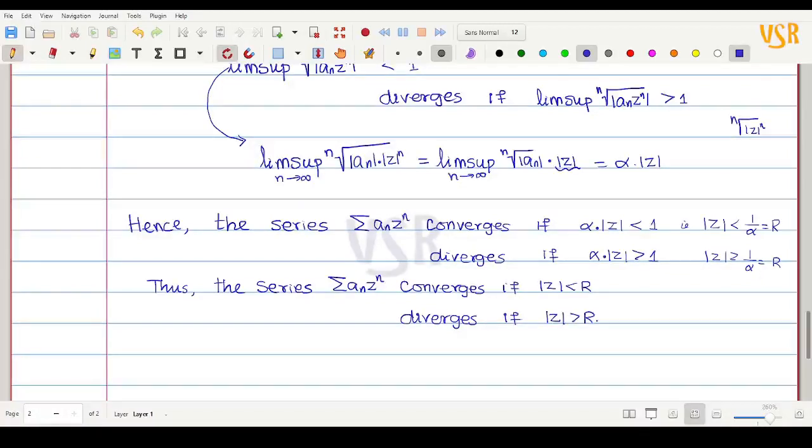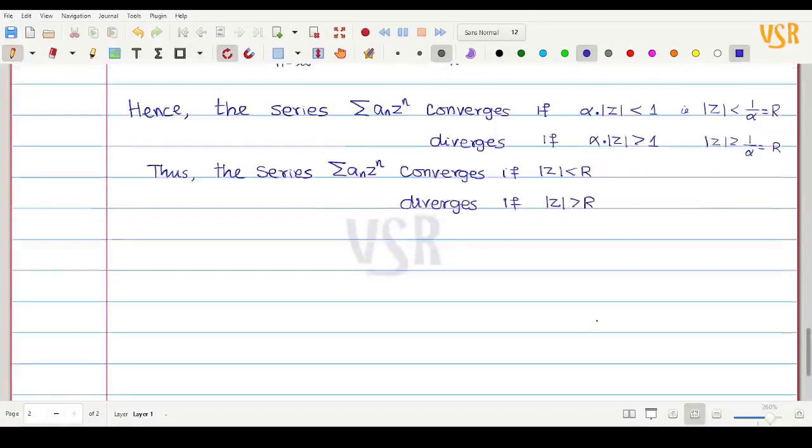Okay, and the number r belongs to, இது வந்து 0 இருக்கலாம், infinity இருக்கலாம், satisfying the above is known as the radius of convergence.